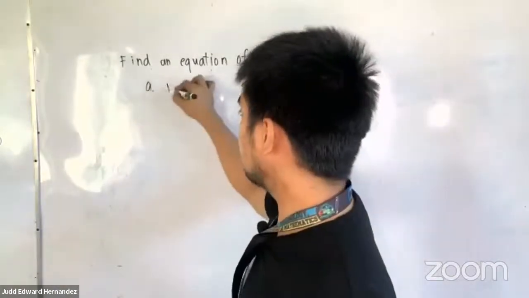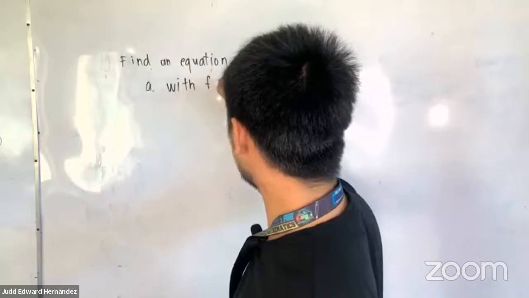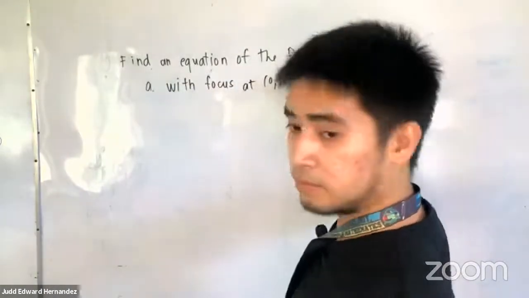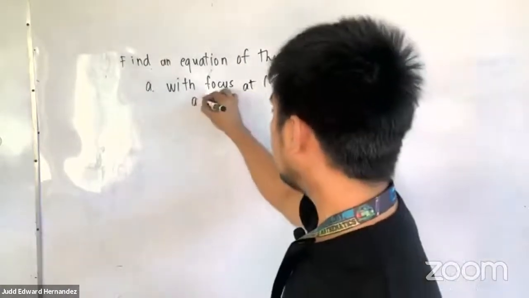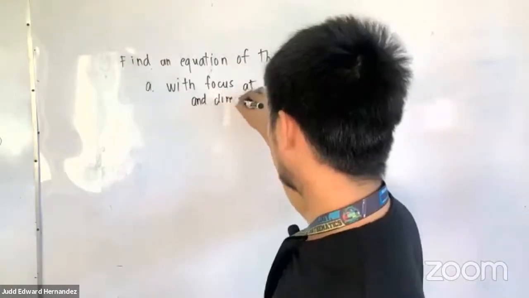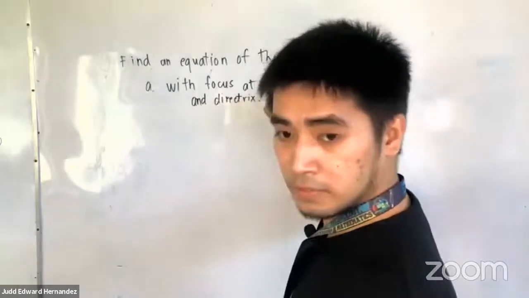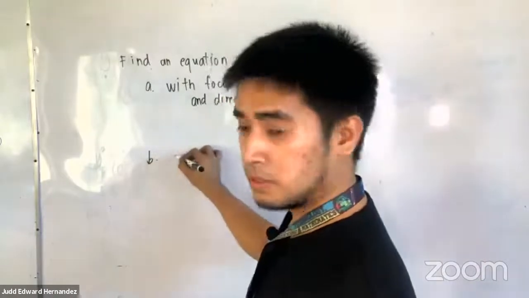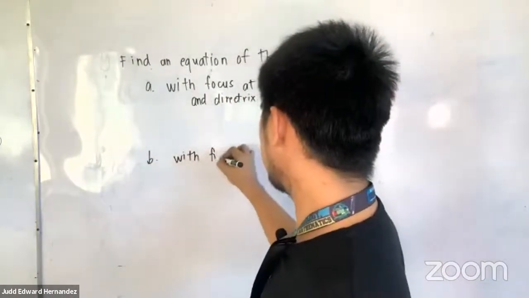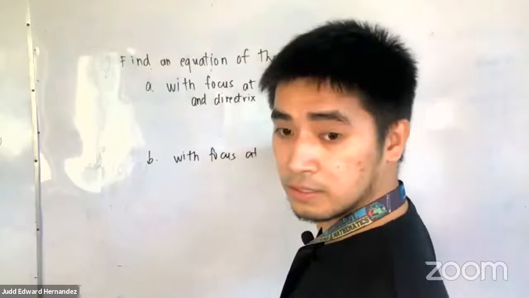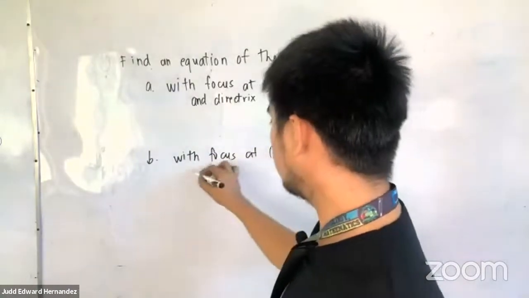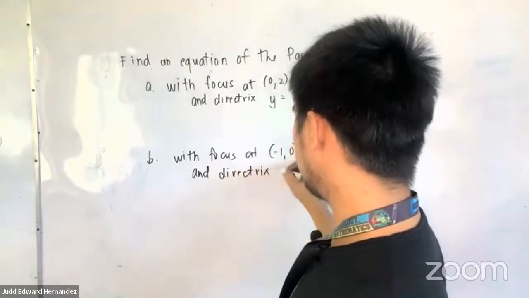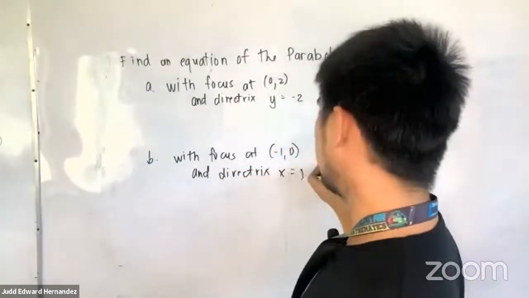Letter A with focus at 0, 2 and directrix y is equal to negative 2. Letter B with focus at negative 1, 0 and directrix x is equal to 1.